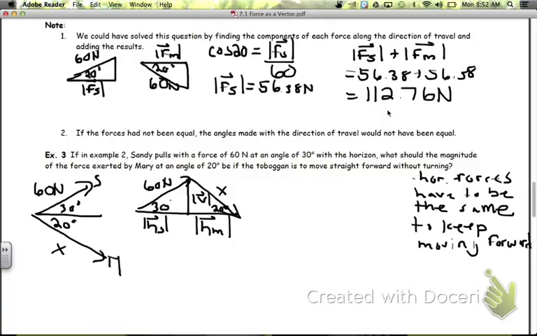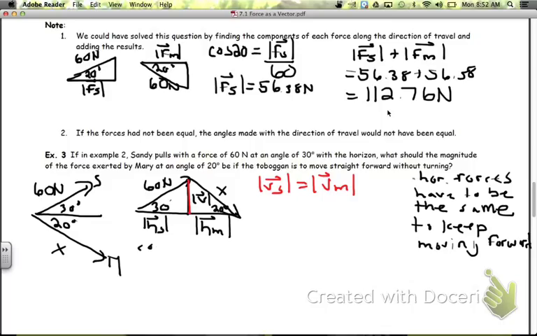Now, you can see here I've drawn our vertical force. Our vertical force with Sandy needs to be equal to the vertical force with Mary. That's what we were talking about before, and it's really important to understand that. So first we're going to look at our horizontal force for Sandy.